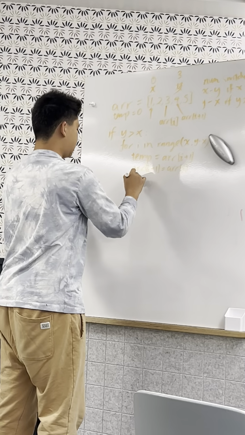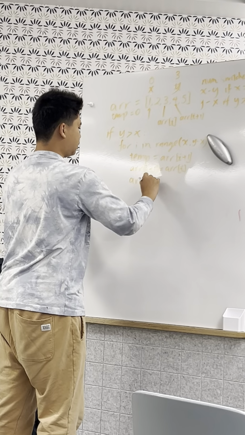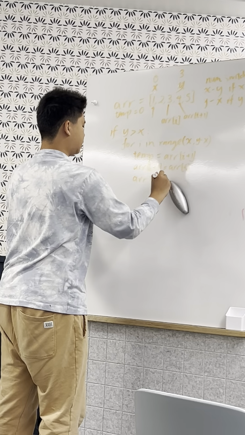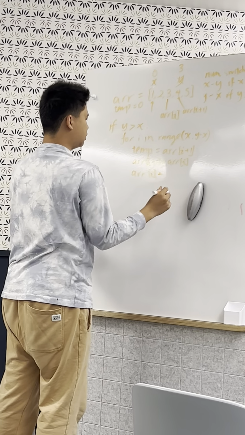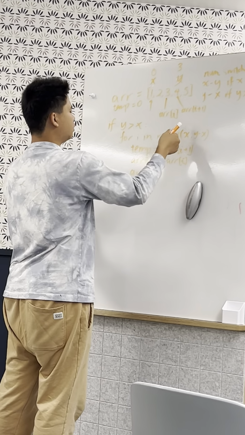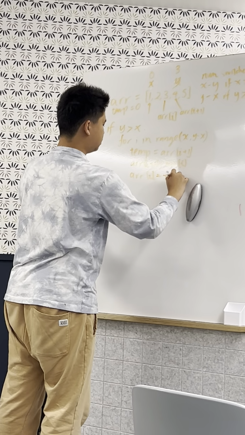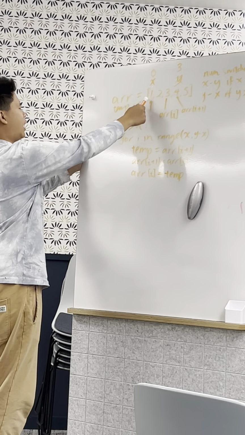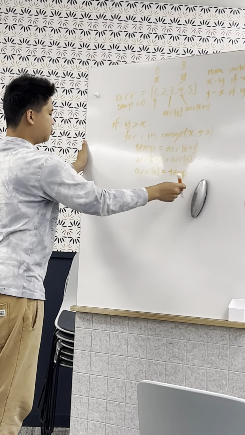Then you would put array of i equals temp. This is how you would switch x toward y by 1, and then when you iterate through this, it will be sorted in order.